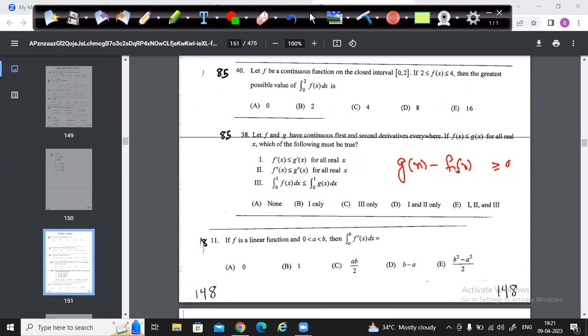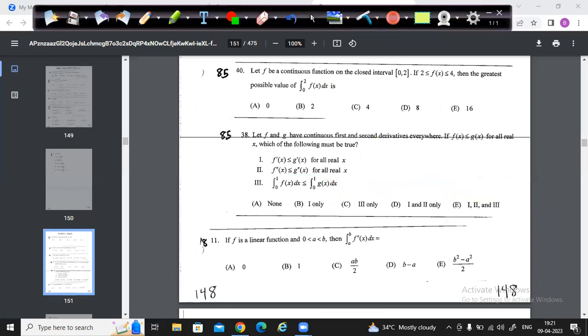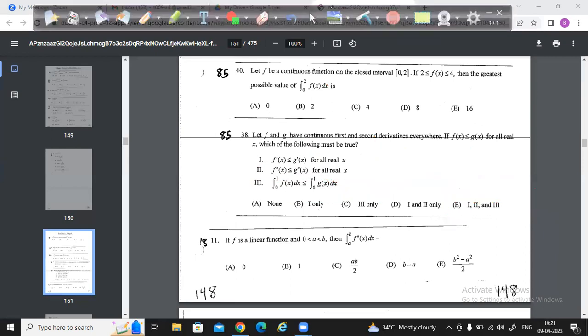This value itself is greater than 0, so the integral of this value between any two values also should be greater than 0. That is the reason the integral of 0 to 1 g of x should be greater than or equal to the integral of 0 to 1 f of x. So only the third statement should be correct. 1 and 2 are wrong. So the answer should be only C for Chennai. 1 and 2 need not be correct.